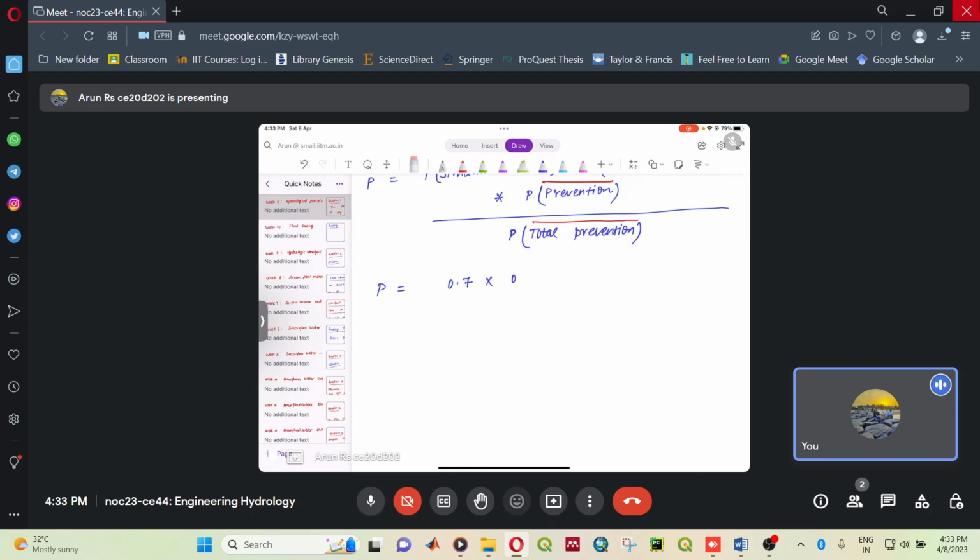Not improving the non-structural measure is 1 minus 0.55, into 1 minus 0.8, divided by 1 minus the total probability, that is 0.769. So the probability due to the mismanagement of the non-structural measure is 0.273. So this is your answer for the second part.